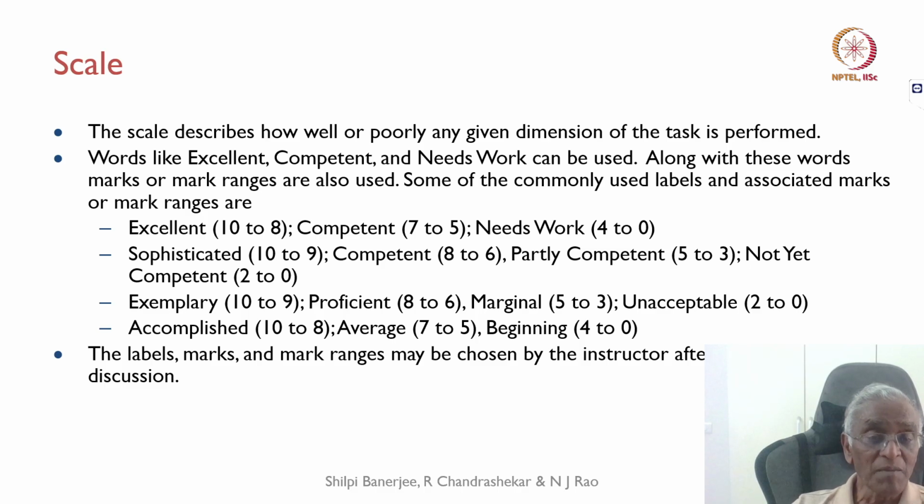Another example is accomplished 10 to 8, average 7 to 5, beginning 4 to 0. Now, the qualitative words that you are using, like excellent, sophisticated, you can change these adjectives depending on the task that you have.